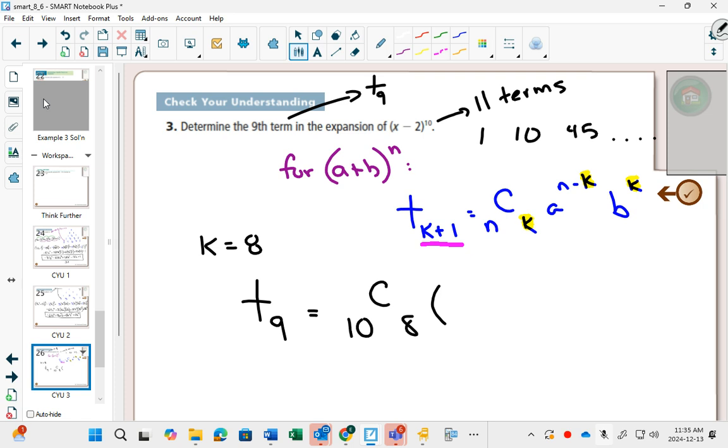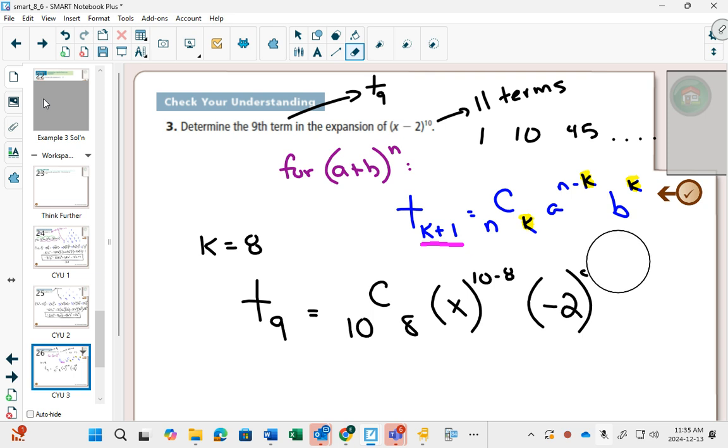Bracket. A is your first term. What is the first term in ours? An x. 10 minus 8. And the b, what's the b in ours? The second term. If there's a subtraction, you keep the negative with the number. So our b would be negative 2 to the k. Oops, that's not an 8. There we go.